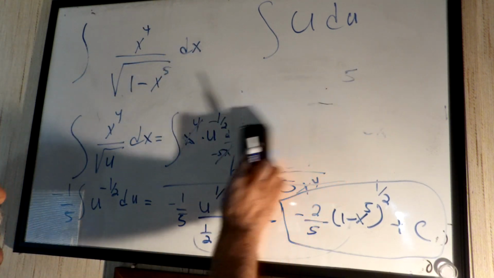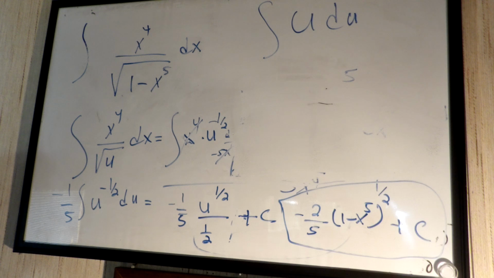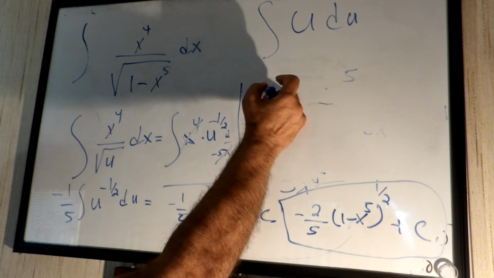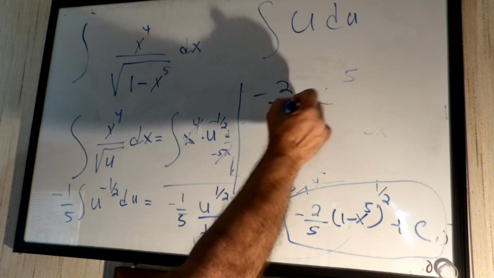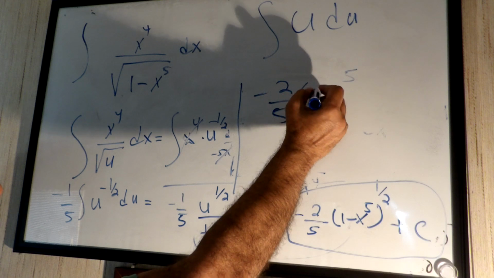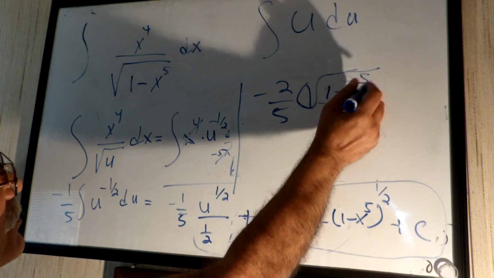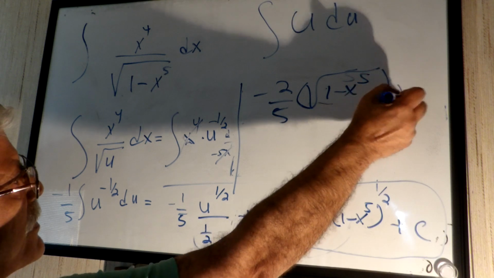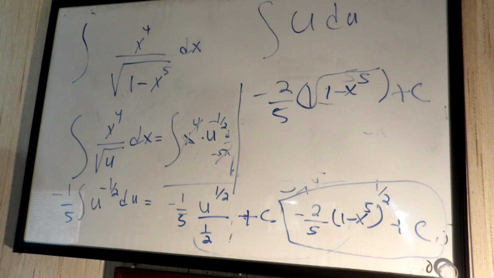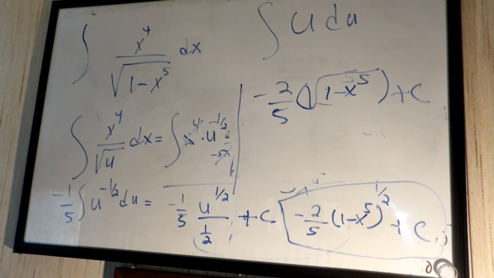Means you can write it as minus 2 over 5 times the square root of (1 - x^5) plus c. This is going to be the answer. So you choose one of them as u and the other one as du.